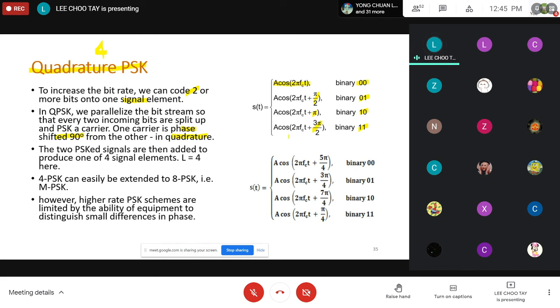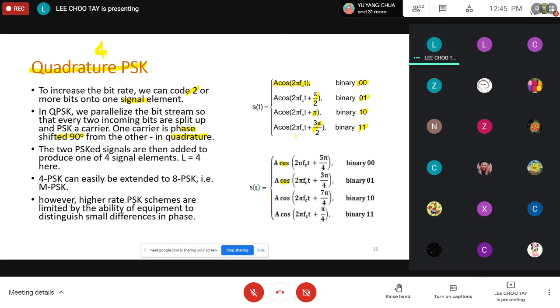So it can be this, or it can be any phase angle, as long as the phase angle between two different carriers is 90 degrees apart. It doesn't need to be 0, followed by pi over 2, followed by pi, followed by 3 pi over 2.